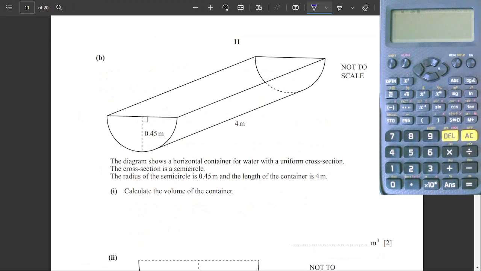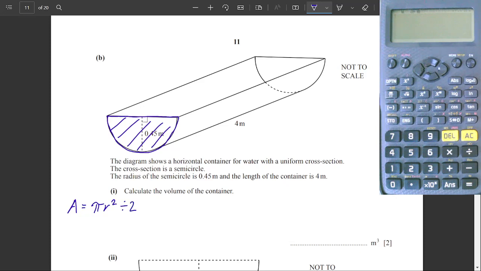Question 5b, part 1. The volume of the container. Now that is a prism, a prism with a cross section of a semicircle. So to work out the volume of a prism, you first have to work out the area of the cross section. This is a semicircle, so first work out the area of a circle, which remember is pi r squared.